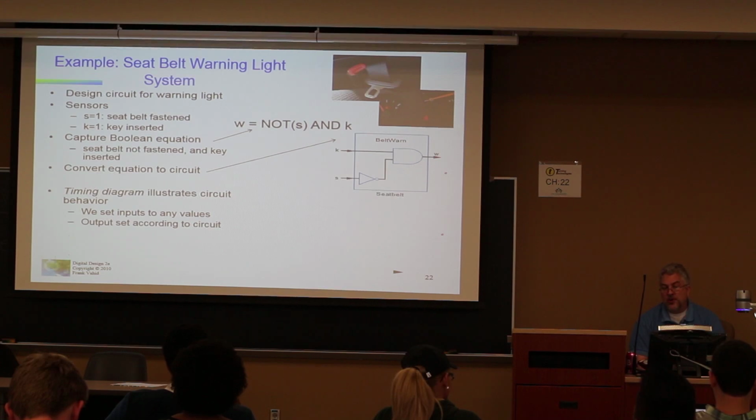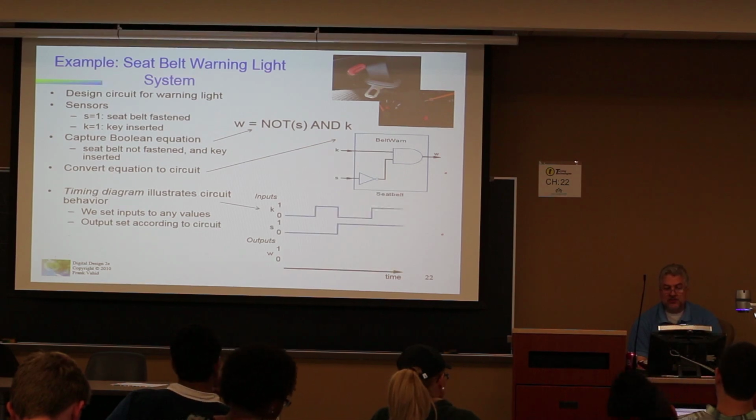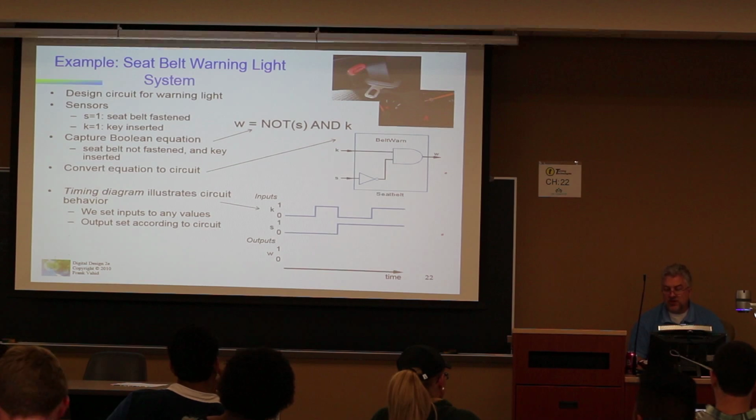Now here's another skill that you might want to look at: you can actually say, what if I were to wiggle the K and the S inputs? So in other words, I would have K and S as my inputs and I would look at those. And at the same time, I would look at what W is. And so then we would have a timing diagram that would show my inputs for K. So this is all the situations. Take a look at this.